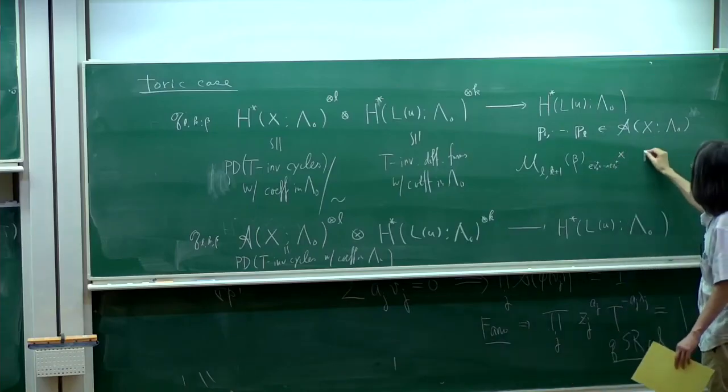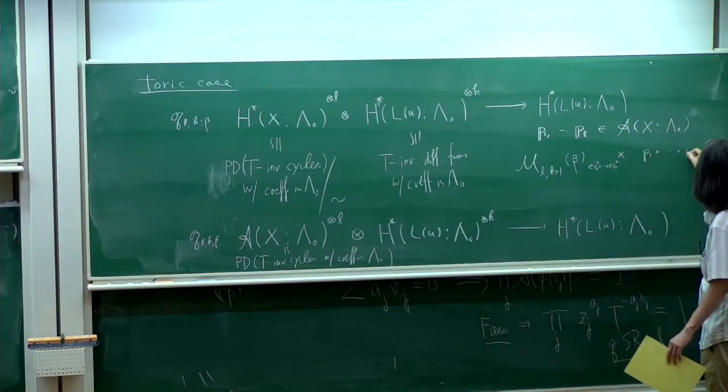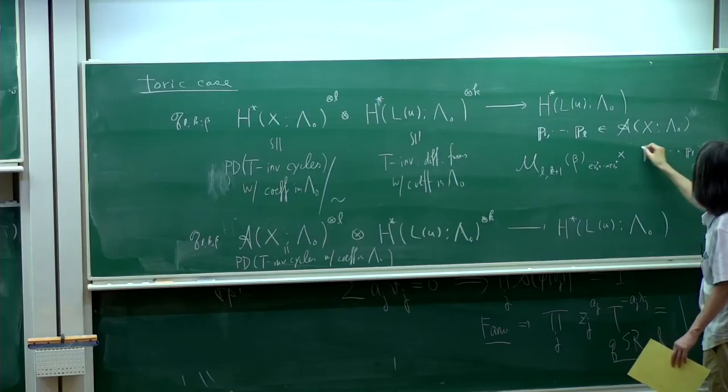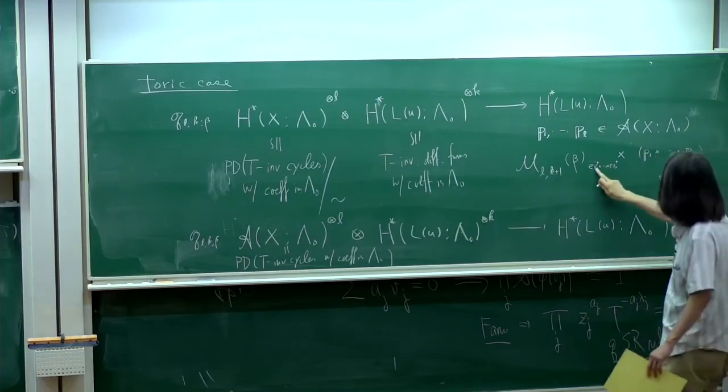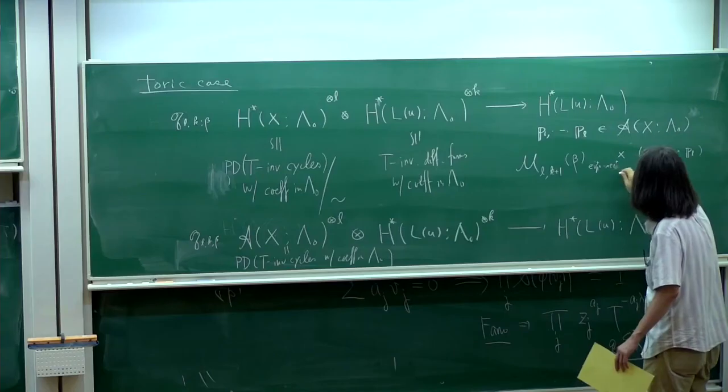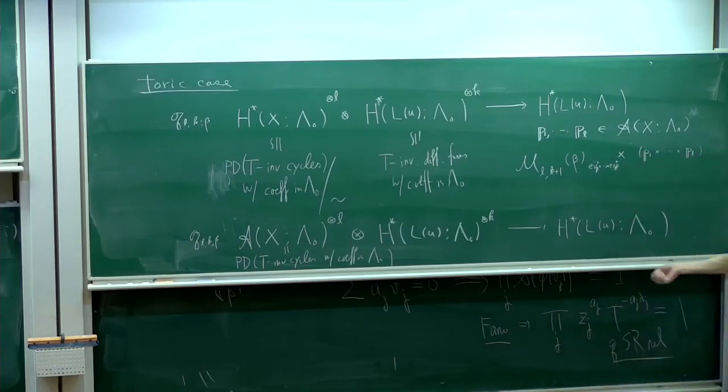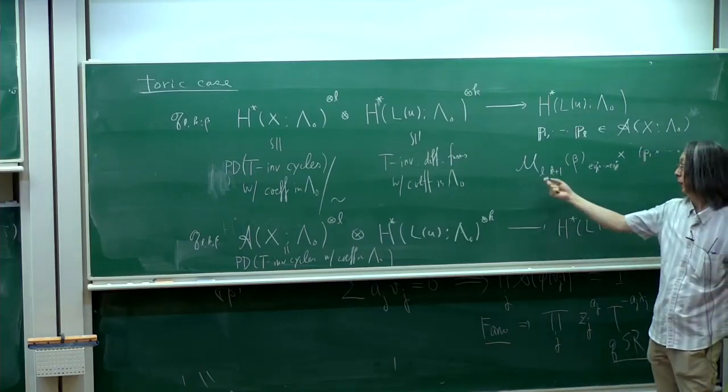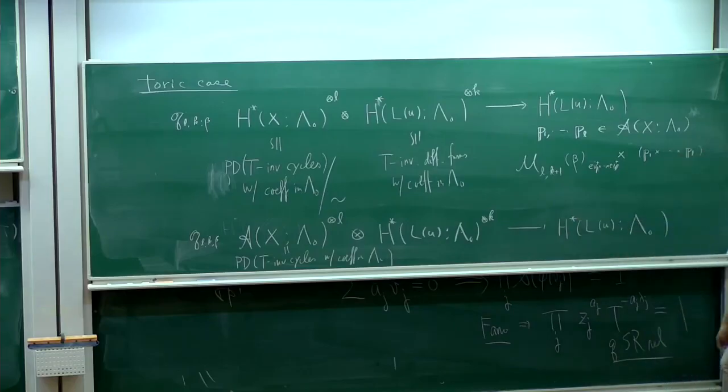And then here I have EV. Okay. So I have an evaluation map at interior marked points, and then here I have chains, torus invariant cycles. So therefore they are included in X, right?